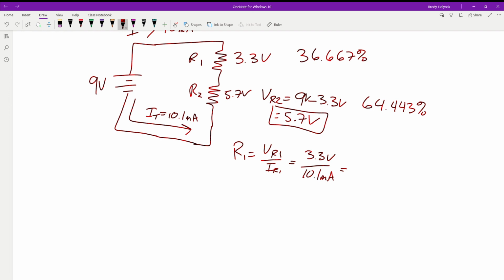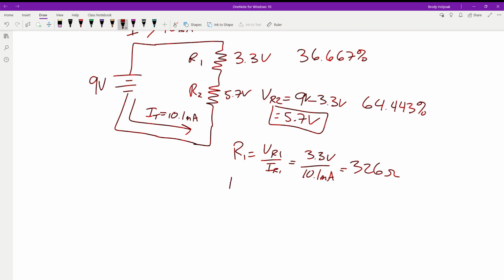What do we get for a value here? You didn't take into account the milli. Yep, 326. So R1 is going to be a 326 ohm resistor.